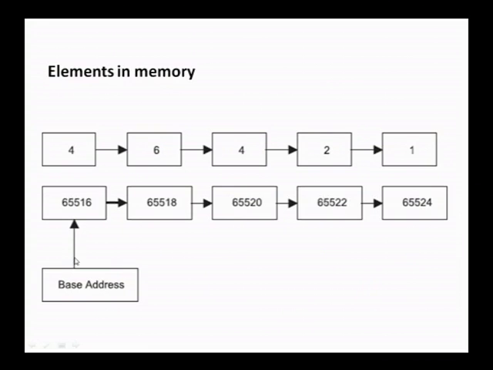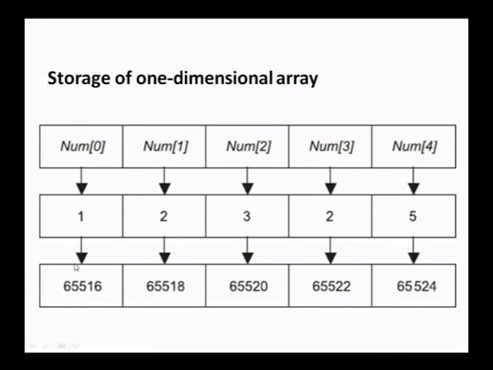This is a hexadecimal address that has been assigned, say, for this variable 1. So, here we have 65516, that is the address of the first element of the array, and 65518 as the address of the second element of the array. Why is it so? Because we know that an integer occupies 2 bytes of memory locations. So, here the first integer occupies 65516 and 65517 memory locations.